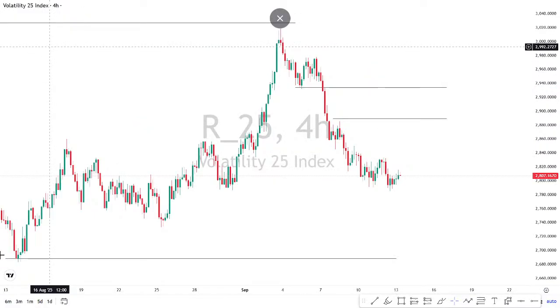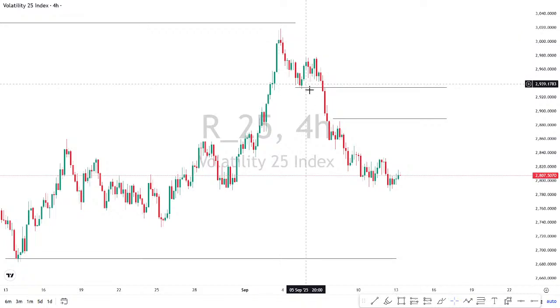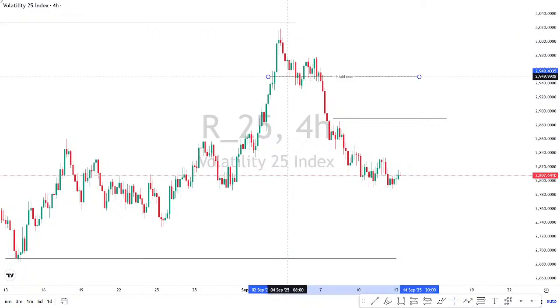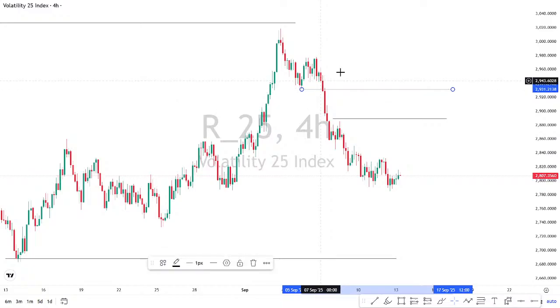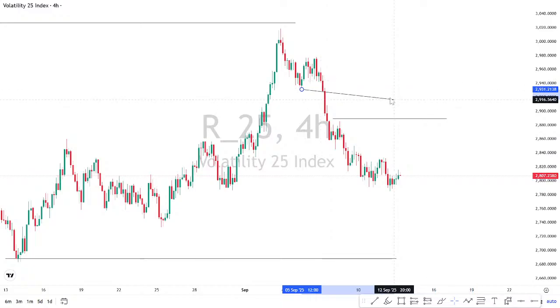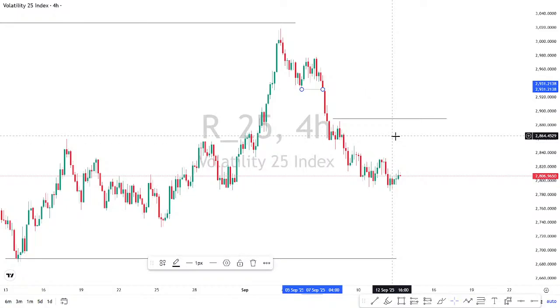You can see that where we have our last real break of structure was here. Every other movement to the downside, all of this high, is what we call the range structure.